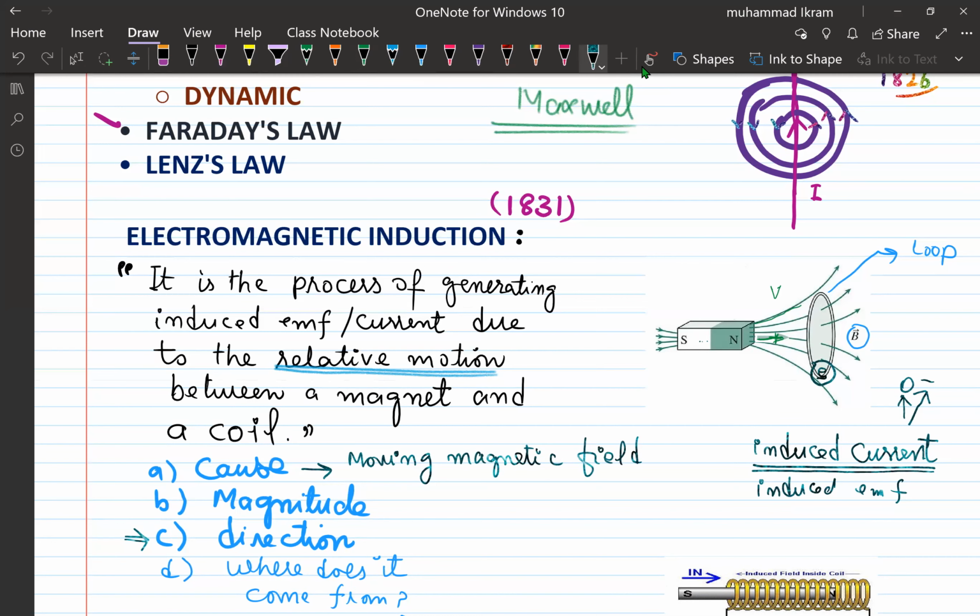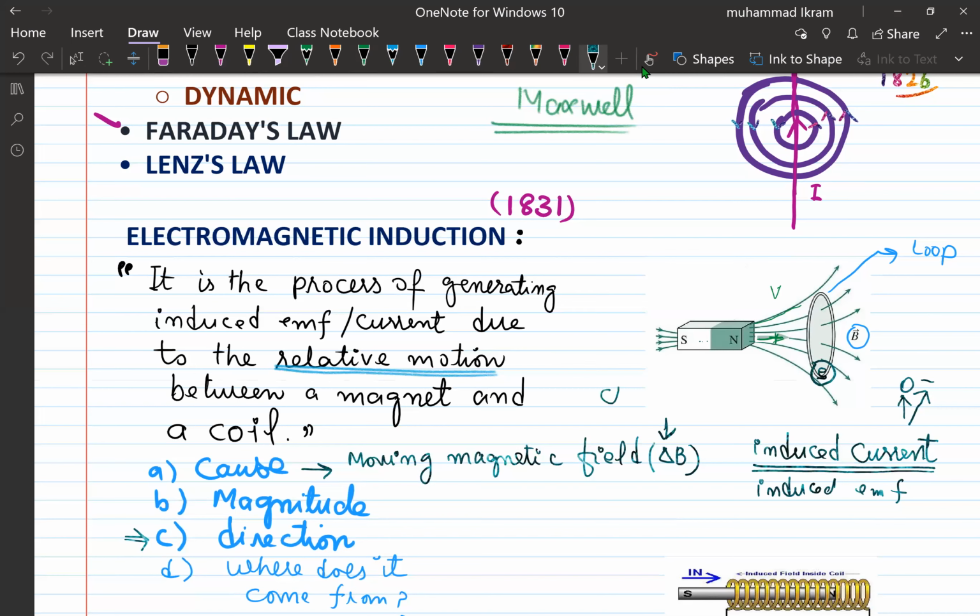So that moving magnetic field I would label as the changing magnetic field. So whenever there is a changing magnetic field in the nearby region of a coil, there will be induced EMF.